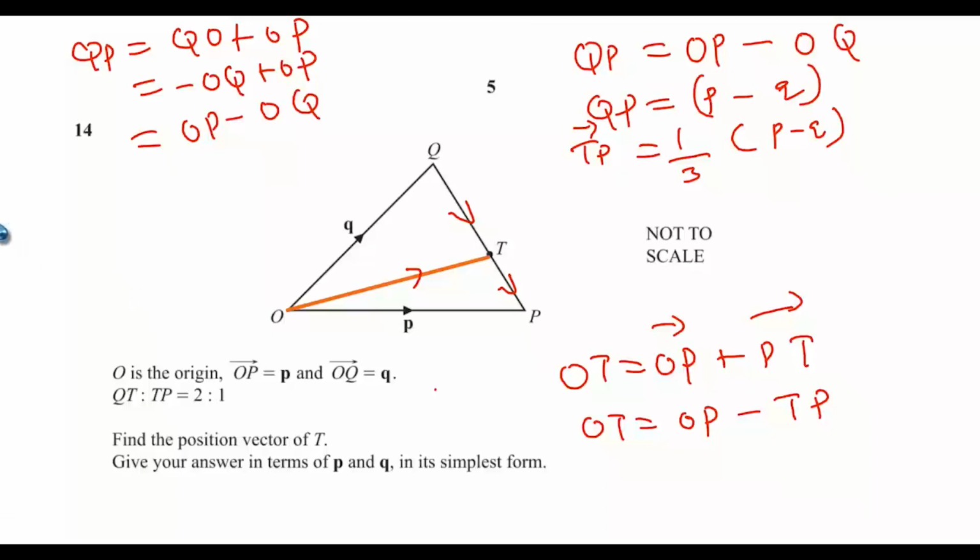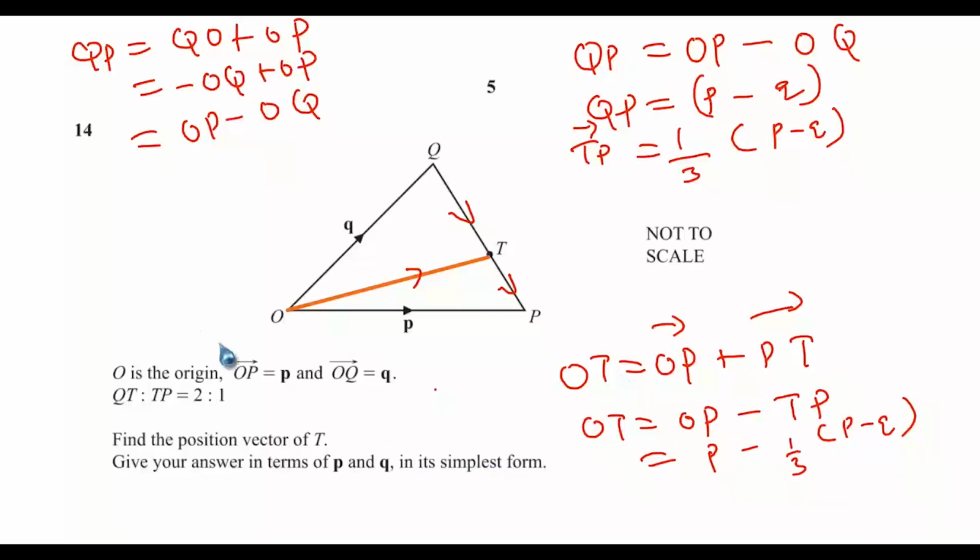So I can now substitute it inside this one here. So that means OT will be equals to OP, which is P, then minus 1 over 3 into P minus Q. So we need to simplify this very well, to leave the answer in the simplest form.